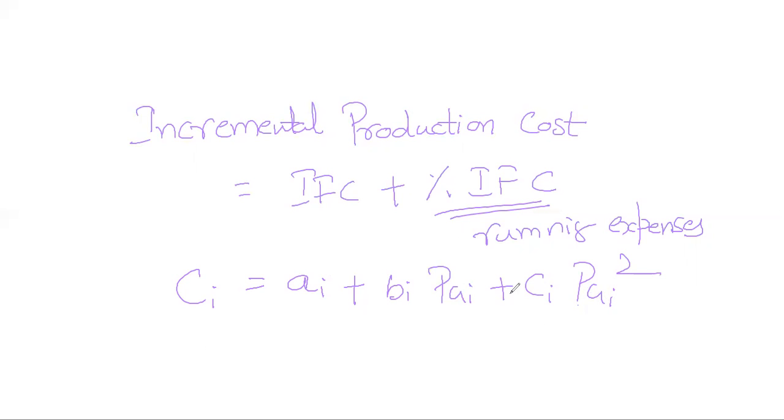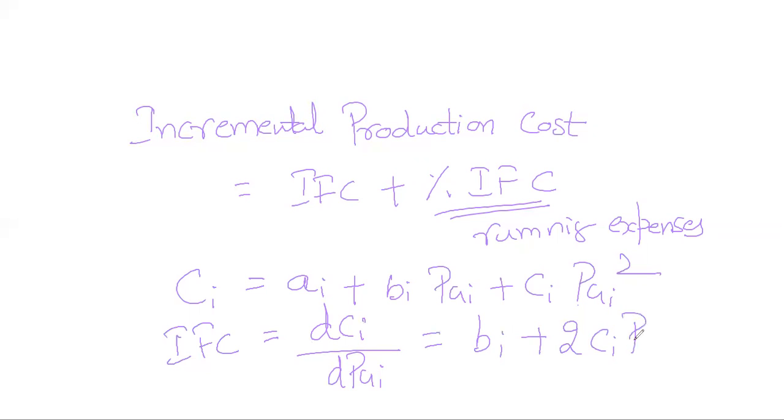Once the cost expression is known, then the incremental fuel cost is the first derivative of this input fuel cost with respect to Pgi. That is dCi by dPgi is called the incremental fuel cost. So then the expression will become bi plus 2 into ci Pgi.